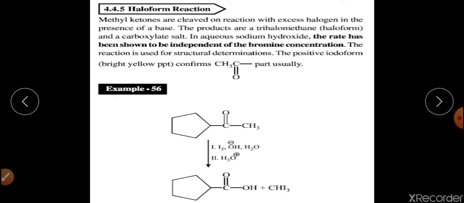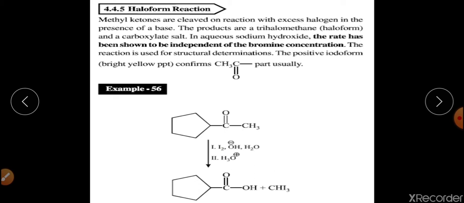So this is a test for identification of this particular group we have used in this case. So this is the overall reaction, and this is the particular portion that I was talking about, the haloform reaction. So first of all, what will happen is that we are taking iodine in presence of base, OH negative, sodium hydroxide generally we use.